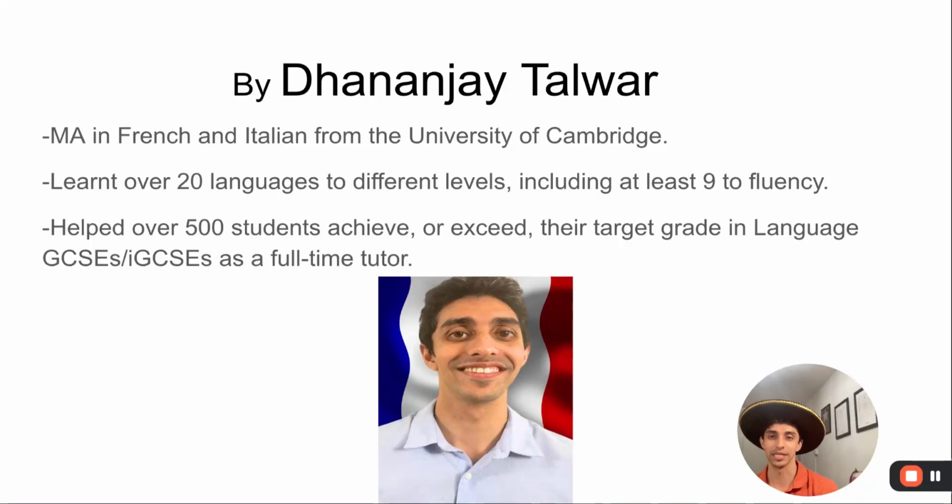Learning languages in general is something I really love and enjoy doing a lot. And I also enjoy motivating my students, making sure they understand how to learn languages effectively while also having a great time and helping them to reach their target grades. I have already helped over 500 different students to achieve or even exceed their target grade in GCSE or iGCSE exams for languages as a full-time tutor. I've taught 8 languages so far to GCSE and iGCSE level, and several of those at higher levels too.